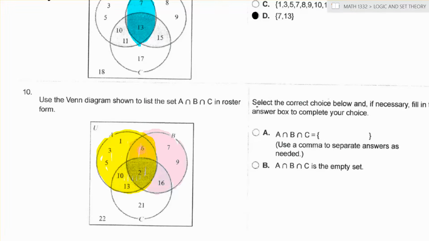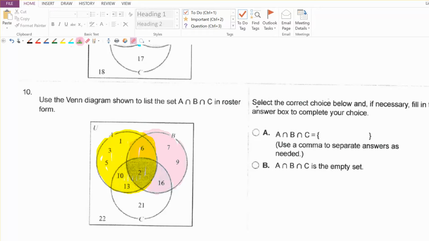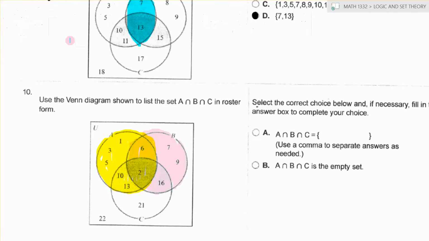It is this part. And now if I add a third color, intersect C, these colors did not really do what I had hoped they would do.